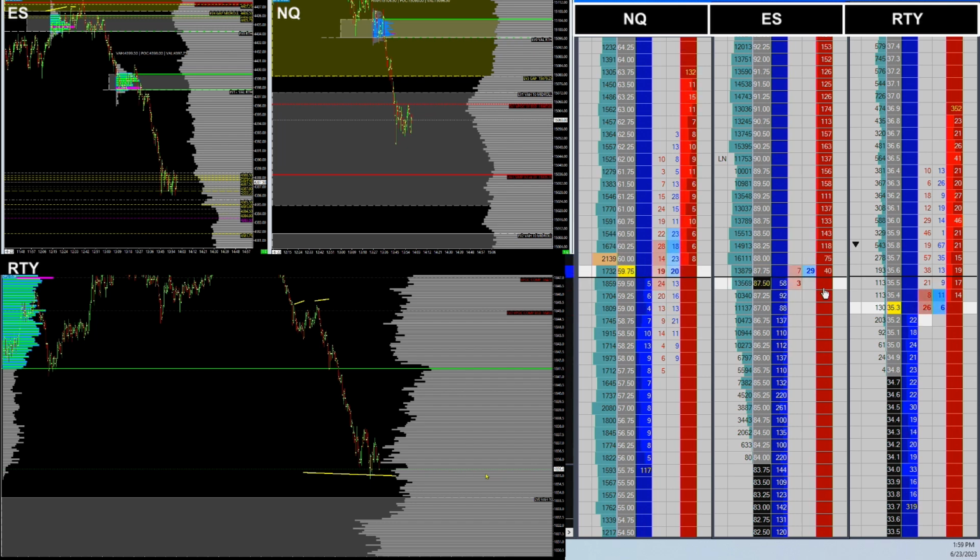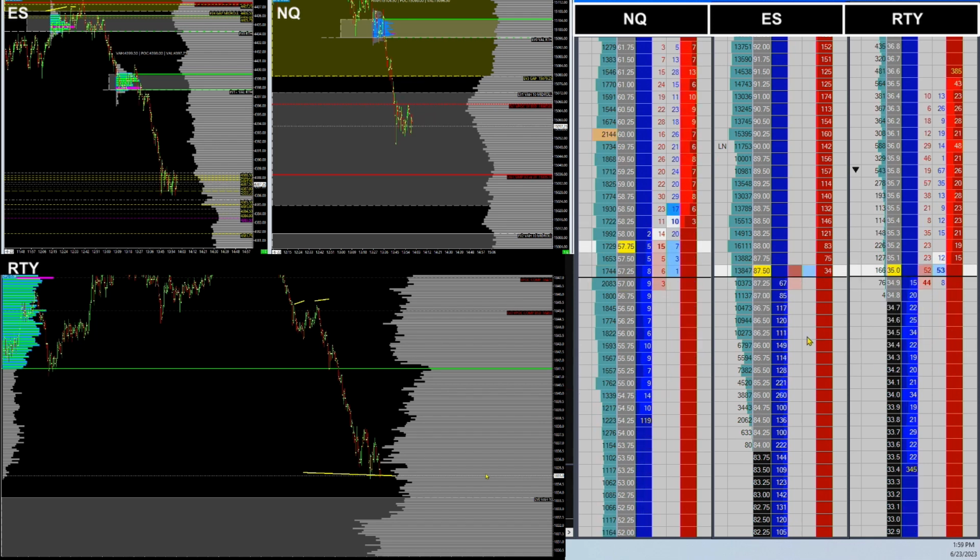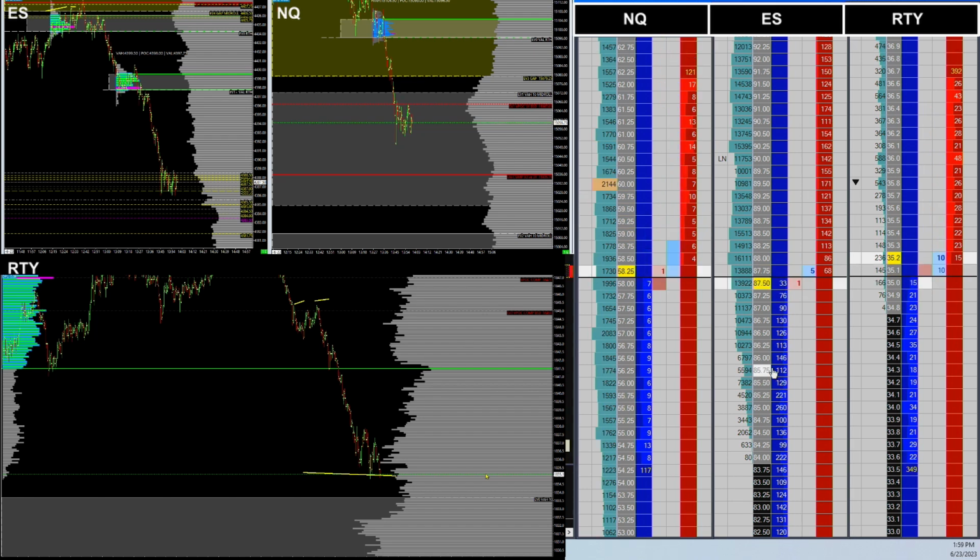I don't want to, because there could be a fast flush up because of bond close. So I'm going to wait 15 seconds, even though Russell's where I need it to be. I wish Russell wasn't running as far as it is right now. 5 seconds.